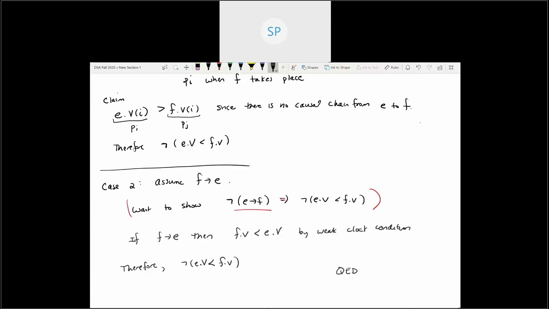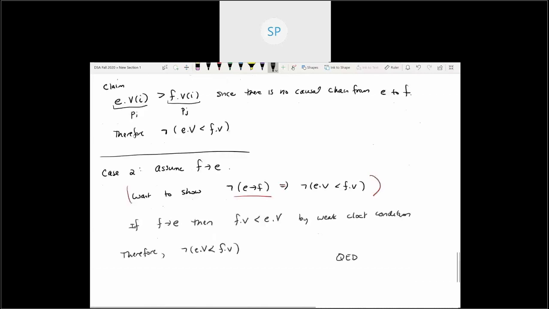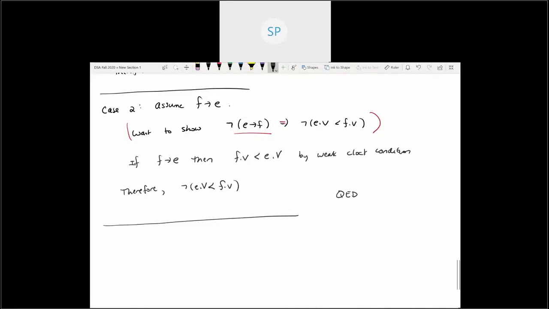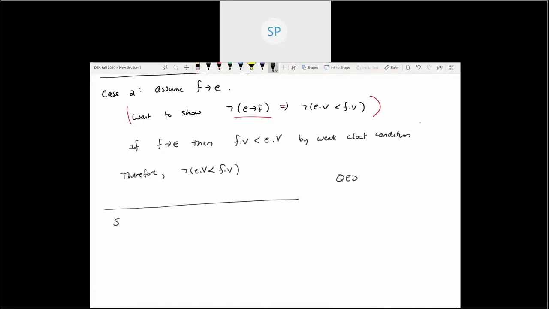Okay. So one last thing I wanted to talk about with timestamps is scalability. So is this a good solution?